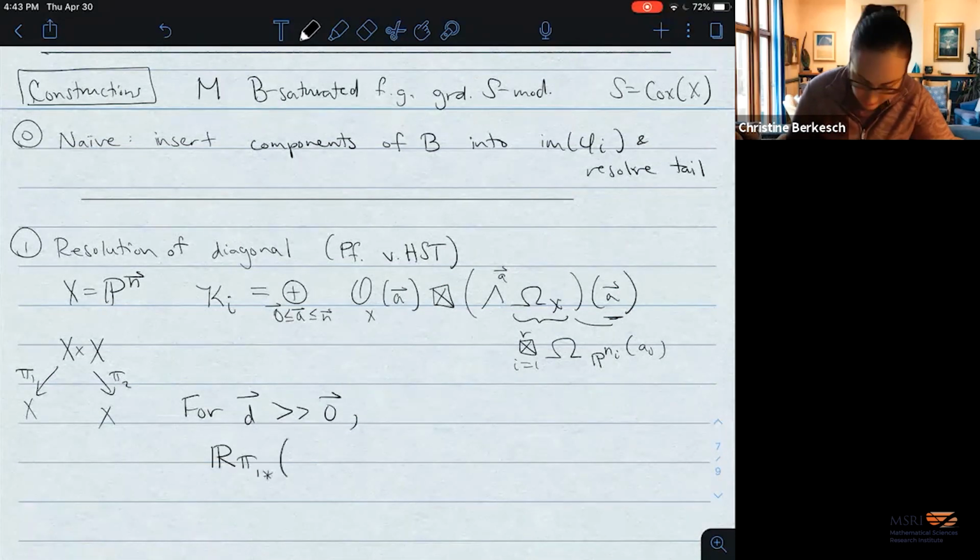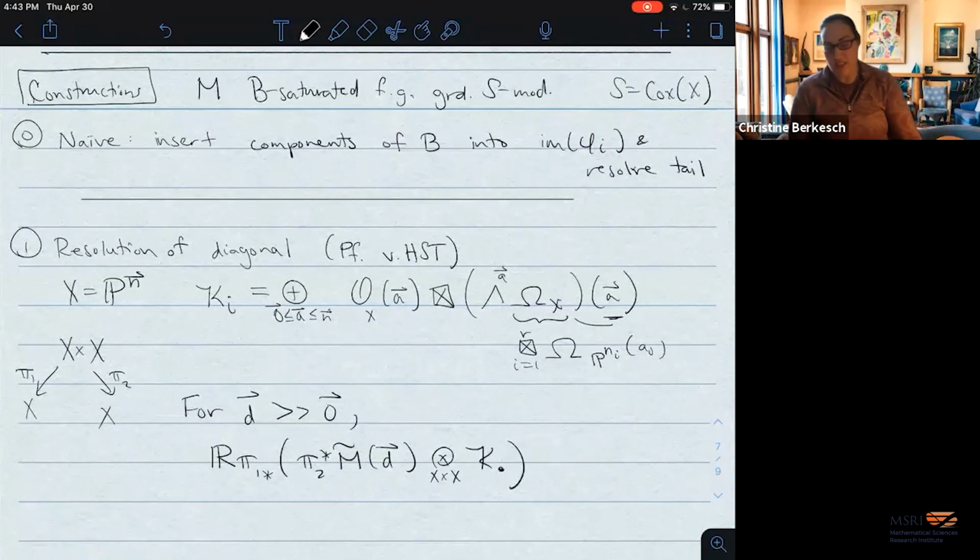So this is the standard Fourier-Mukai trick. So take our Koszul complex. We're taking our M, twisting it, and the D we want to choose so that it's high enough to kill off the higher cohomology for our twist of M. And then we're going to pull it back, tensor with the Koszul complex, and push forward to the other product. Very standard trick.